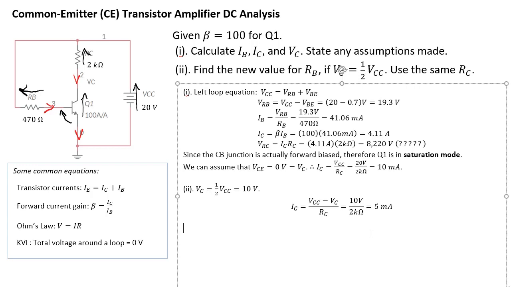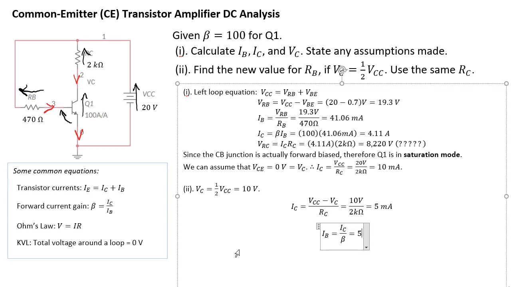We can work out the new IB, given the new IC, by using the beta equals IC over IB equation. So IB is equal to IC over beta, right?